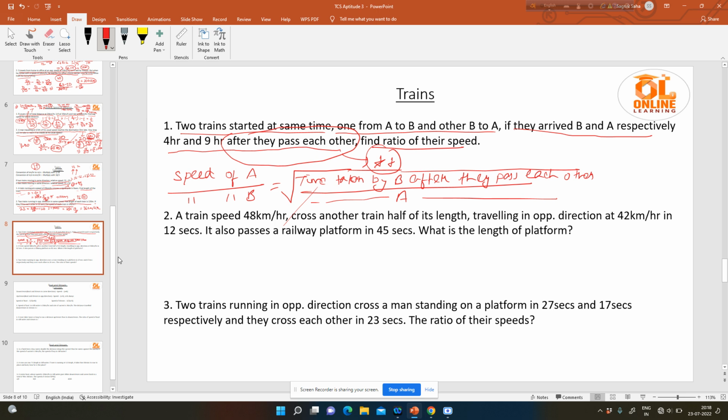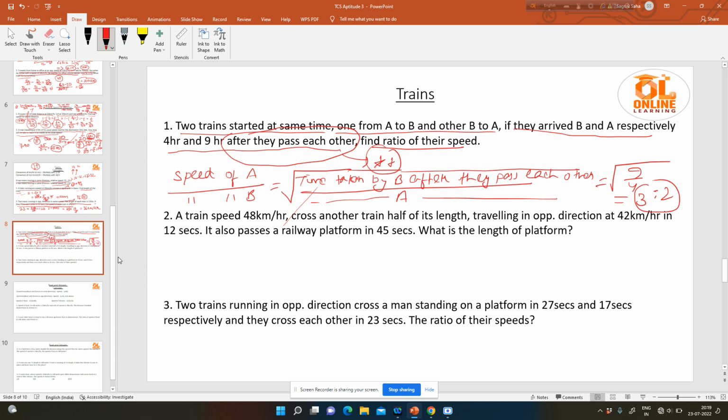So, speed of A by speed of B is equal to root over the opposite time, the time taken by B after they pass each other by the time taken by A after they pass each other. So we can simply write root over 9 by 4. So it would be 3 is to 2.